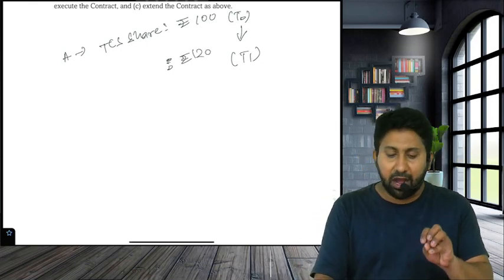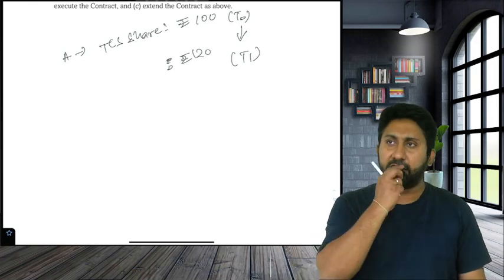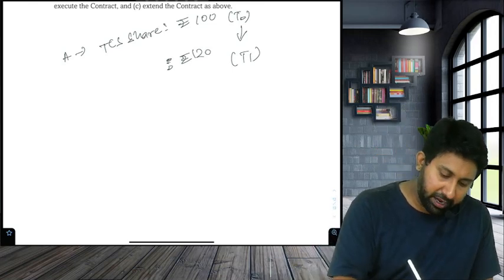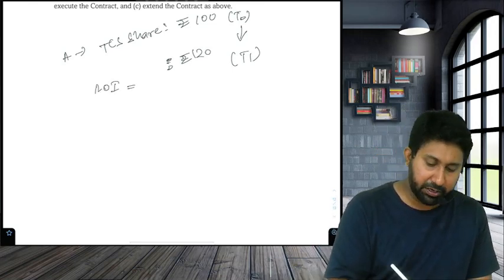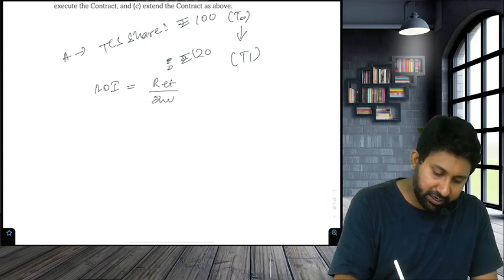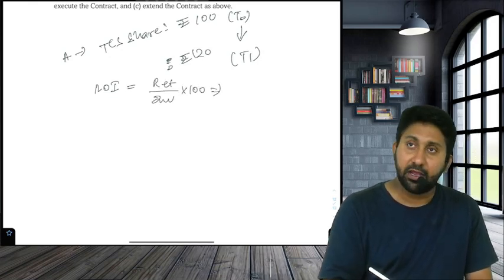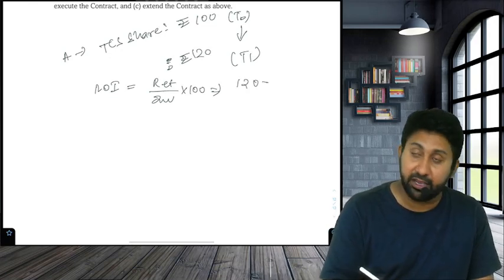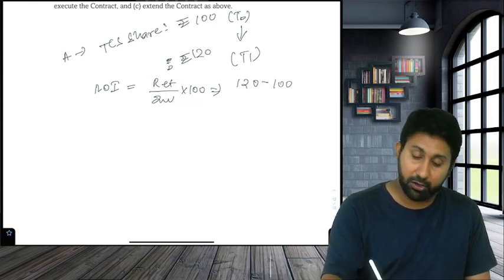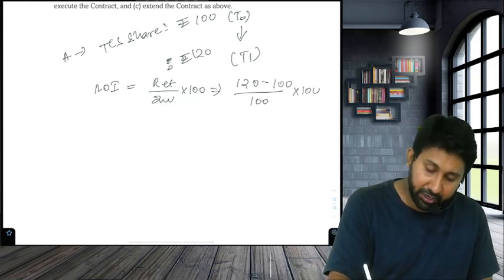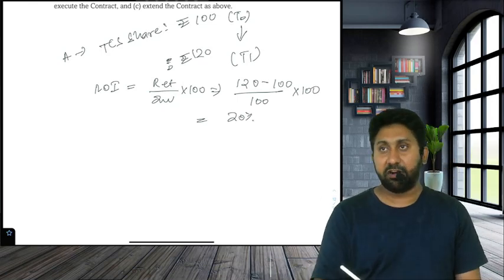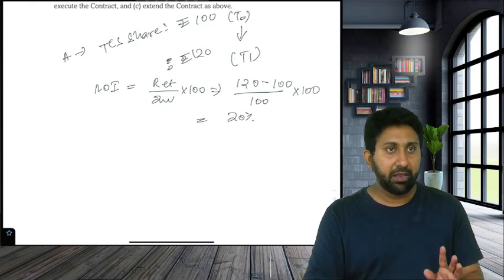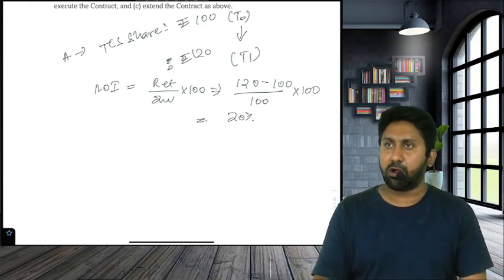Now if you ask Mr. A how much return he made from holding the TCS share, he will tell you: return on investment equals return divided by investment into 100. I sold at 120, I purchased at 100, whole divided by 100 into 100, which is 20%. This 20% we call a return per annum, my holding period return, my yearly return, because I held for 1 year.